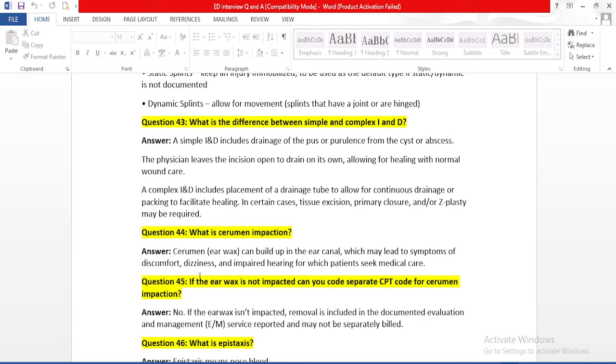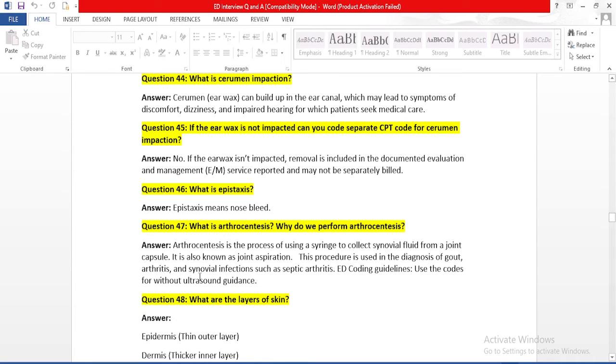In certain cases, tissue excision, primary closure, and a Z-plasty may be required. So in simple I&D, the physician will just open the abscess site and keep it as it is. But in order to code complex I&D, the physician needs to put in a drainage tube or keep packing inside the abscess site.